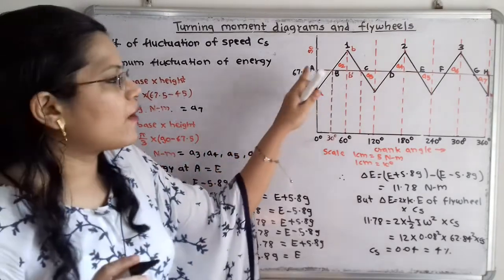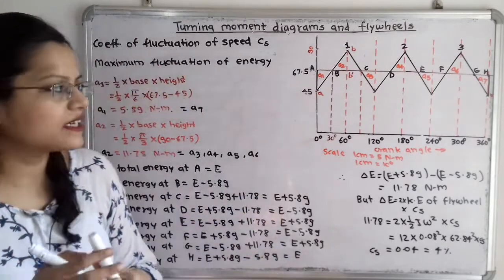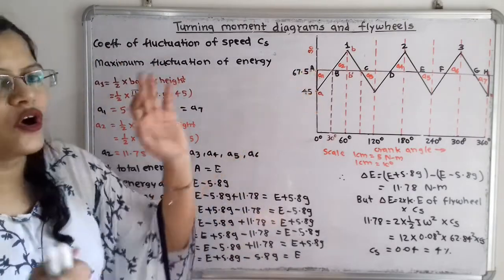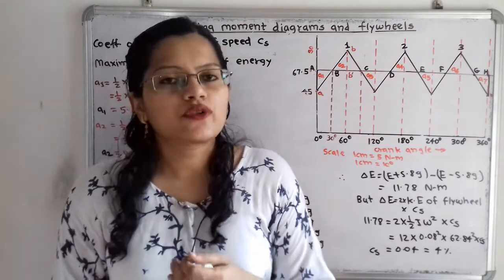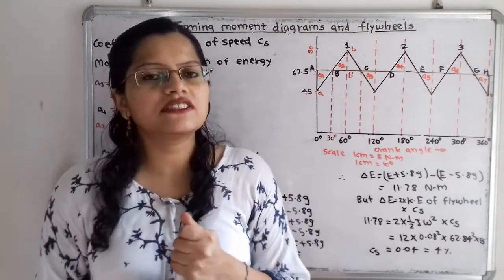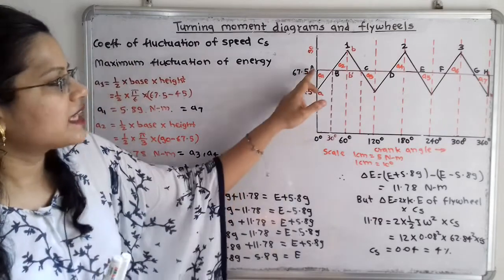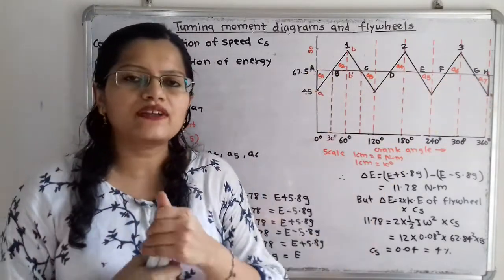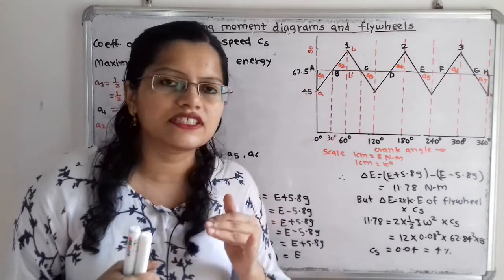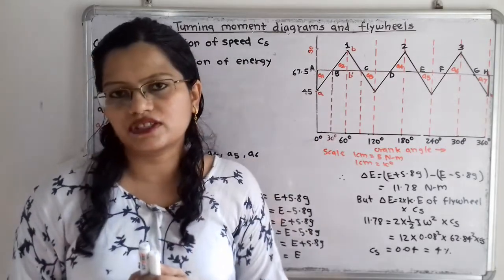Now we have to find out what is the energy at these different points on the mean torque line. So remember, we have to find out the energies at the points on the mean torque line, and then from that we have to find out what is the maximum energy and what is the minimum energy.